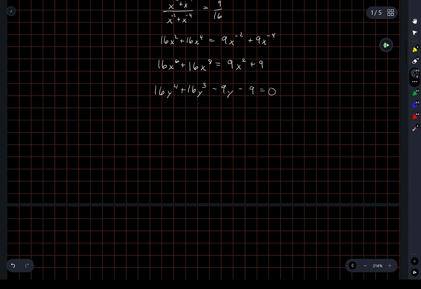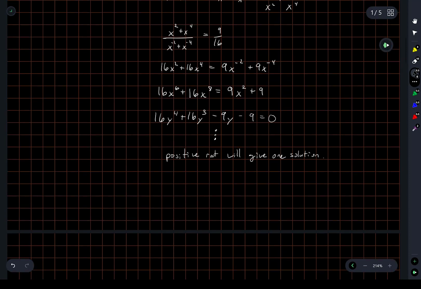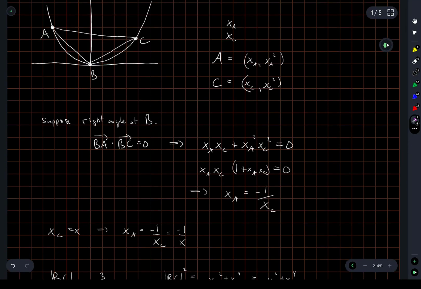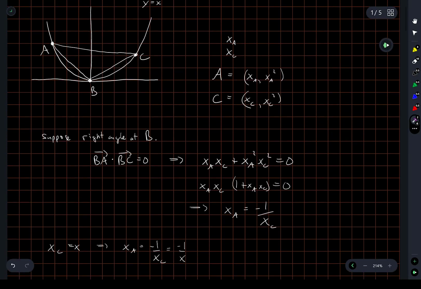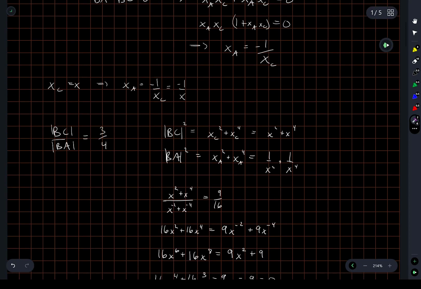Okay, so the positive root will give us one solution, and then of course we can just reflect everything through the y-axis. So basically, swap A and C, and that'll give us another solution.